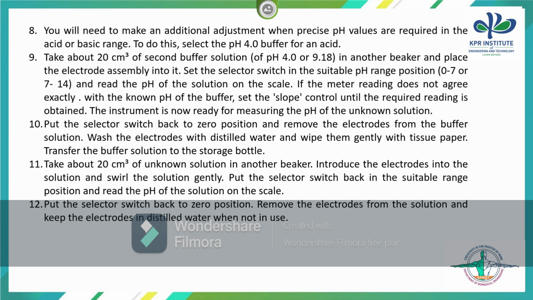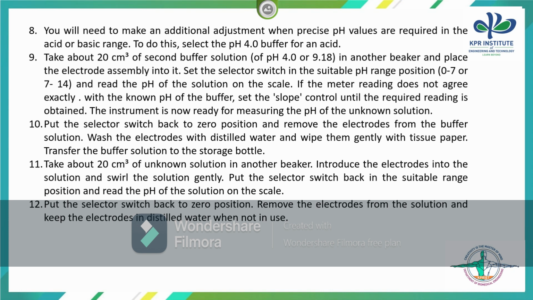Set the selector switch in a suitable pH range position and read the pH of the solution on the scale. If the meter reading does not agree exactly with the known pH of the buffer, set the slope control until the required reading is obtained.